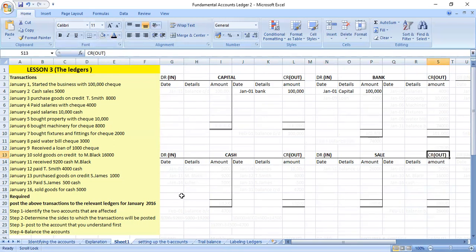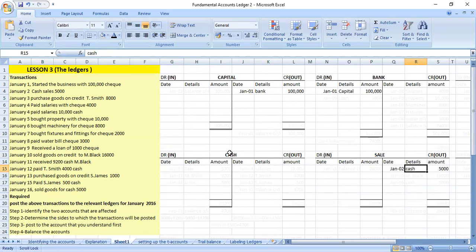The next thing that we're going to be doing now is putting the information in our cash account and our sales account. On January 2, it said cash sales. What this means is that we sold some goods, so the goods are going out. So $5,000 worth of goods went out on January 2nd, and these goods were sold for cash.